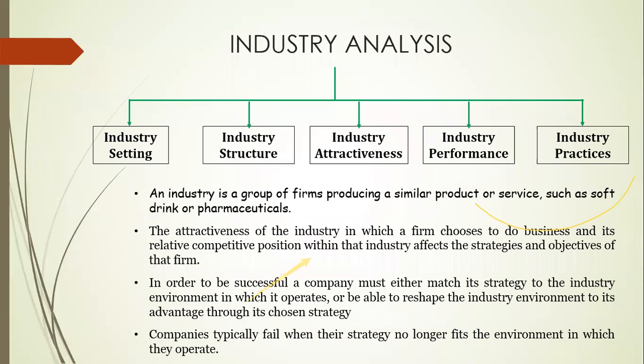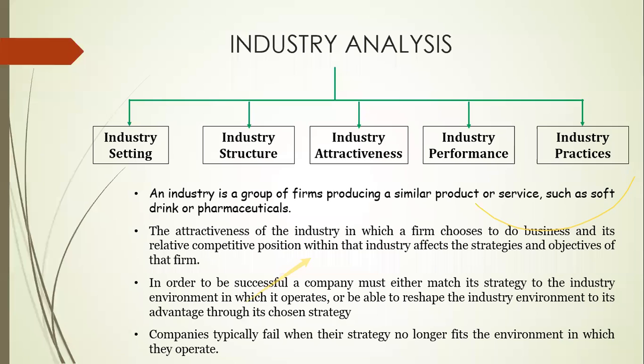Now with this particular backdrop, let us look at the diagram that you find on your screen. Diagram on industry analysis. Right. So there are five major things that influence an organization when it does an industry analysis. It takes five parameters and then it studies these five parameters.